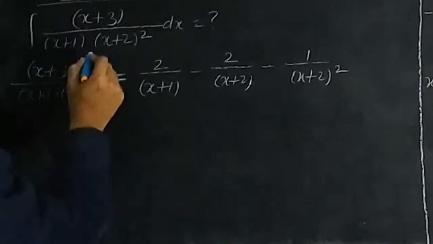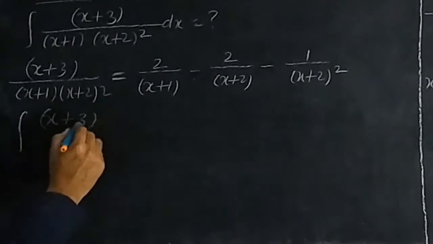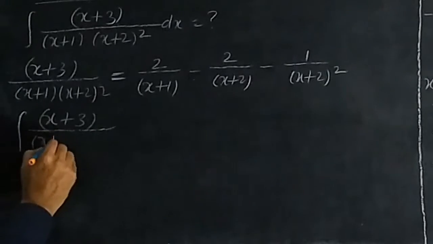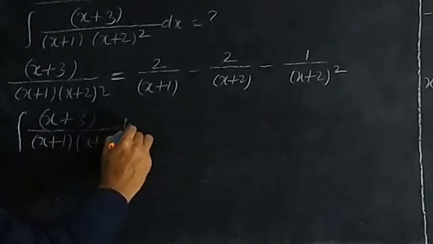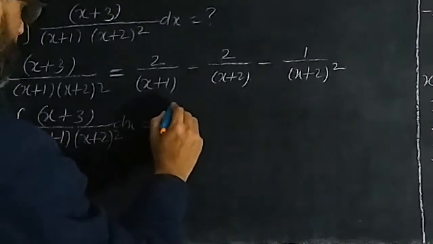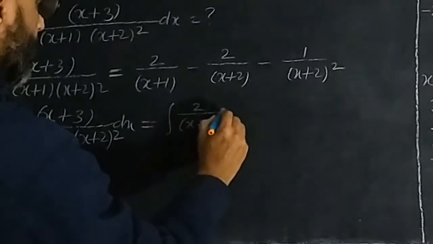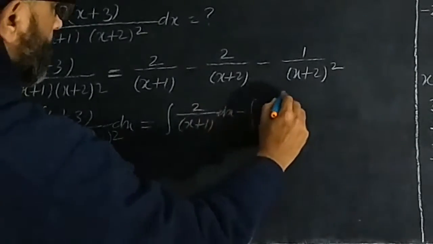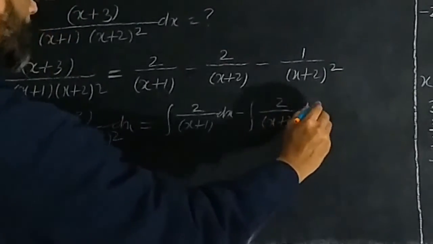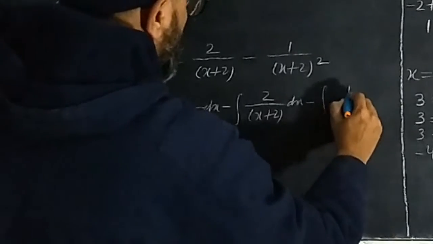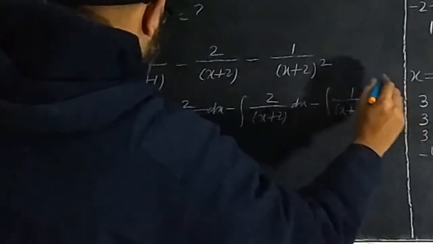So now this integral (x plus 3) upon (x plus 1) into (x plus 2) whole square dx may be written as integral 2 upon (x plus 1) dx minus integral 2 upon (x plus 2) dx minus integral 1 upon (x plus 2) whole square dx.